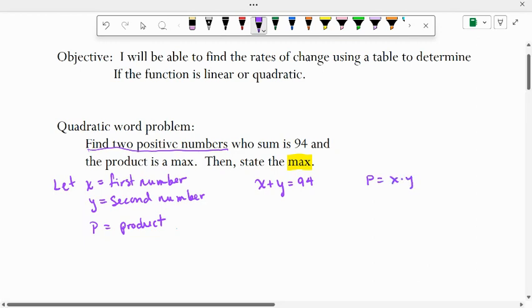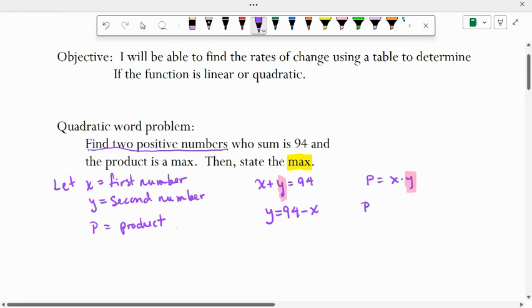So we need this product in terms of only one variable. If I solve for one of my variables, I can substitute over here into the product and only have it in terms of one variable. So when I solve this for y by subtracting x from both sides, I know that y equals 94 minus x.